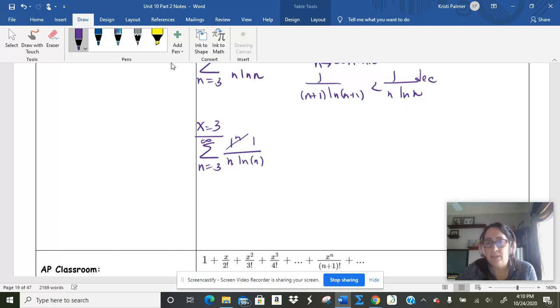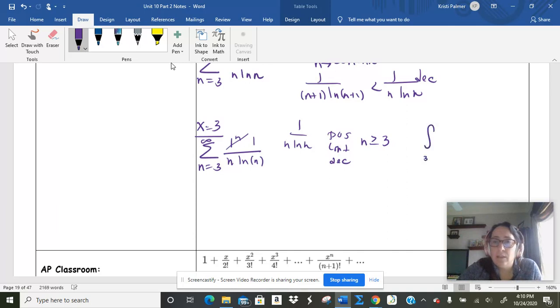So u is the ln of n, and then the derivative of that is 1 over n. So this one to me, I would have just went to the integral. I can see that this right here is positive, continuous, and decreasing for n greater than or equal to 3. So it's met my conditions.